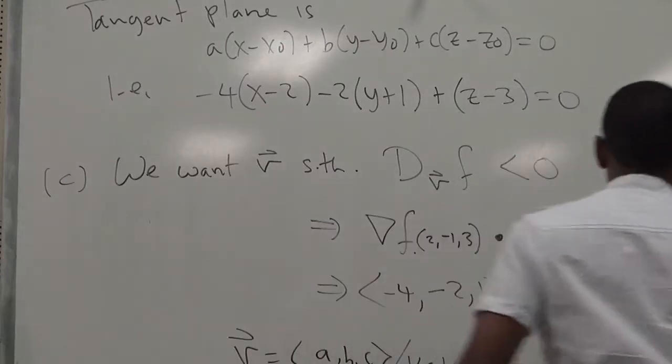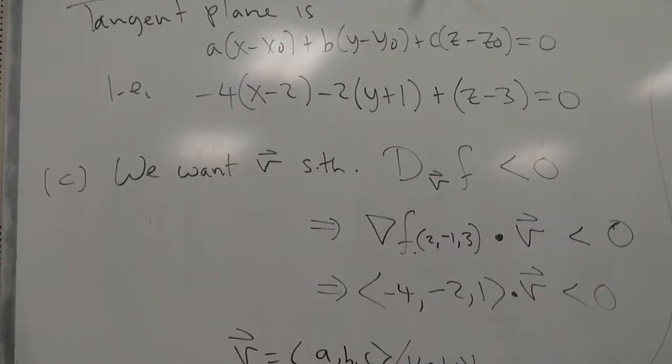So I could pick (1, 1, 6), and let v equal that divided by its magnitude.